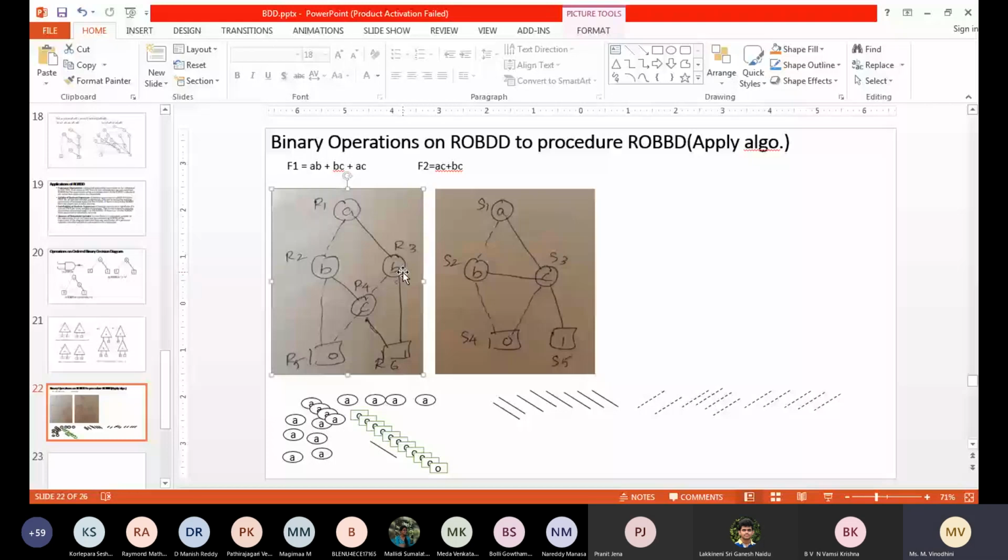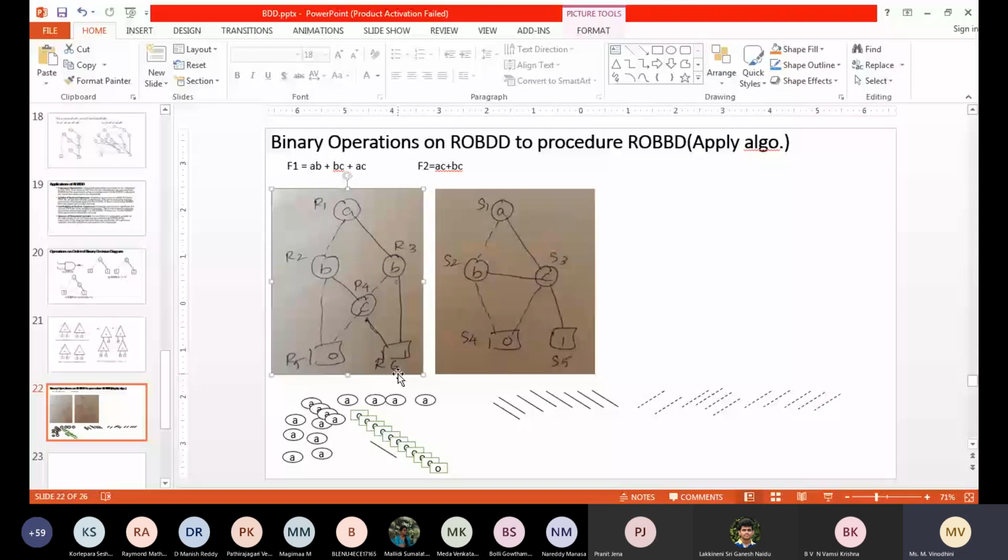So R1, first level root. Coming to the next level, two intermediate nodes are there, so R2, R3. From here, move on to the next level, R4. From here, move on to the next level, R5, R6. So from the root node, travel till the leaf node by assigning the variables level by level.